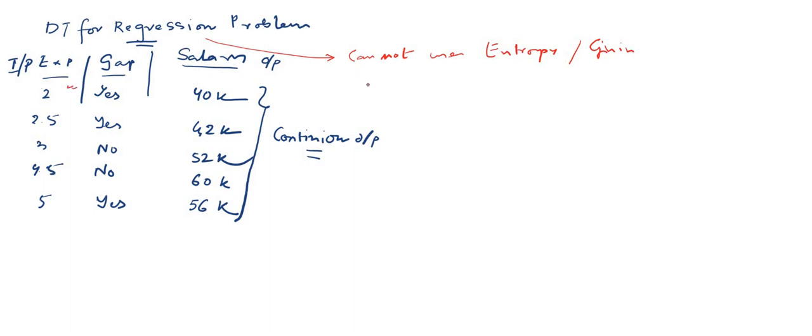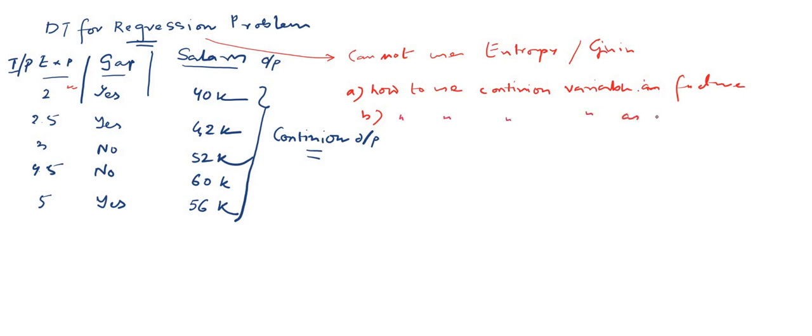And second, we will learn how to use the continuous variable as the target or output variable. So two things we'll try to cover.